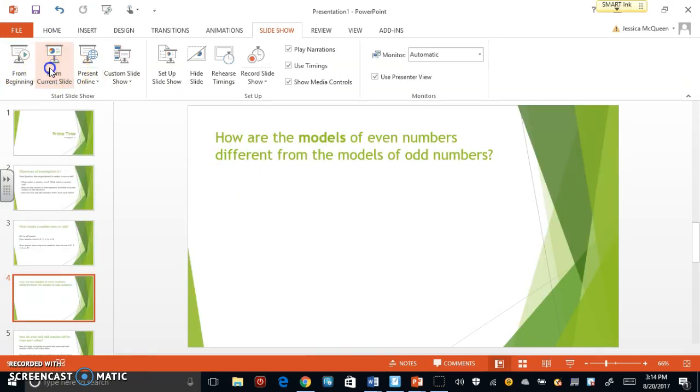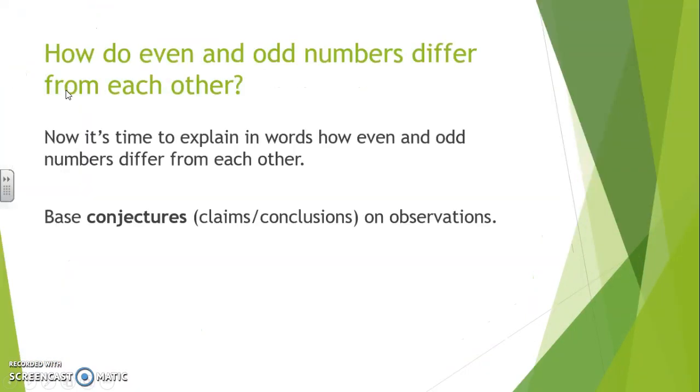Our next question says, how do even and odd numbers differ from each other? Okay, so now it's time to put into words how we know even and odd numbers are different from each other. We call these conjectures. So we need to base our conjectures, our claims, our conclusions on observations.